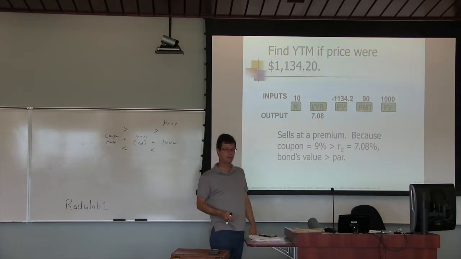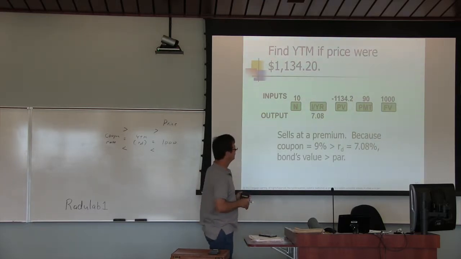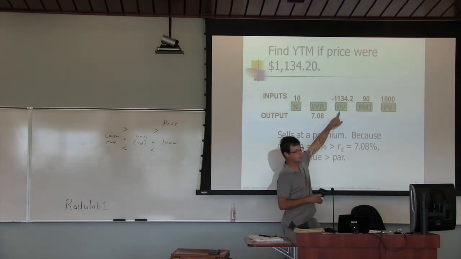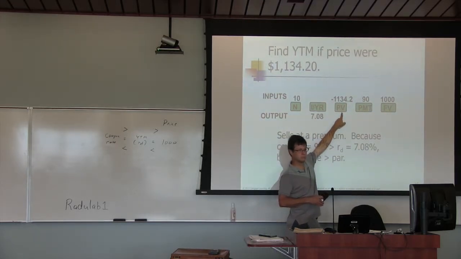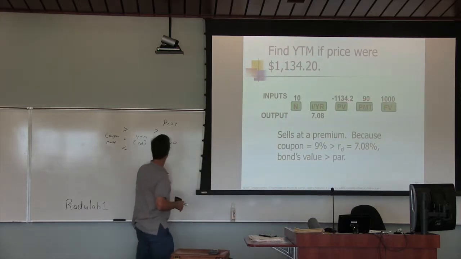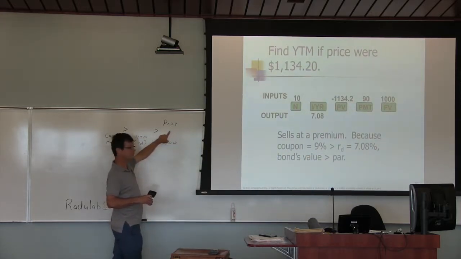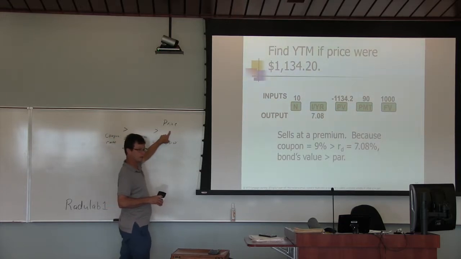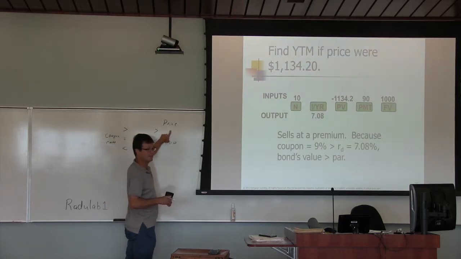Couple of things then that we know before we hit the financial calculator. Price is at a premium, right? It's above 1,000. So that tells us something about the relationship between the coupon rate and the yield.